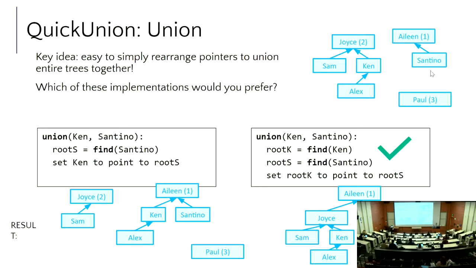We do find set of Santino and find Santino in Eileen's set. What we ended up doing is we took Joyce and pointed her to be a child of Eileen. So I just updated one of these overall roots' parents to point to the other one, which is great because both of them had originally overall root parents that were null, right? So I didn't lose anything. I just tacked Joyce and her whole family onto Eileen. Now they're one big happy set, and poor Paul is still kind of hanging out.